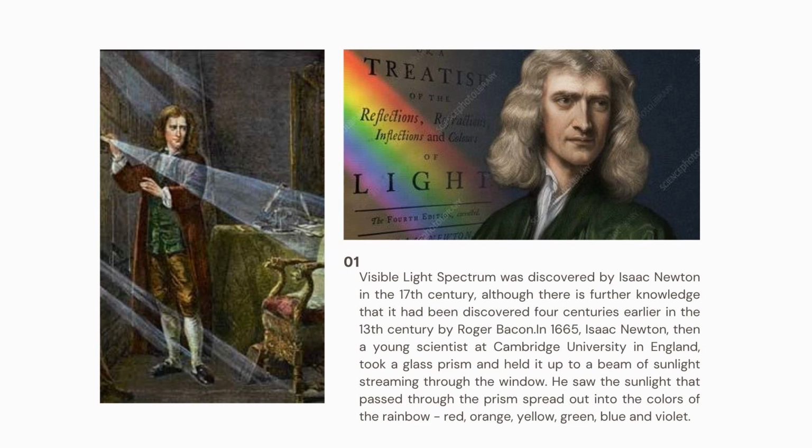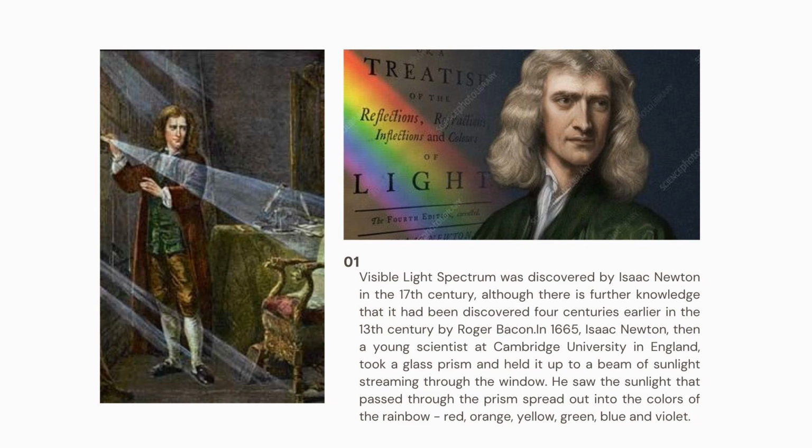The visible light spectrum was discovered by Isaac Newton in the 17th century, although there is further knowledge that it had been discovered 4 centuries earlier, in the 13th century, by Roger Bacon. In 1665, Isaac Newton, then a young scientist at Cambridge University in England, took a glass prism and held it up to a beam of sunlight streaming through the window.